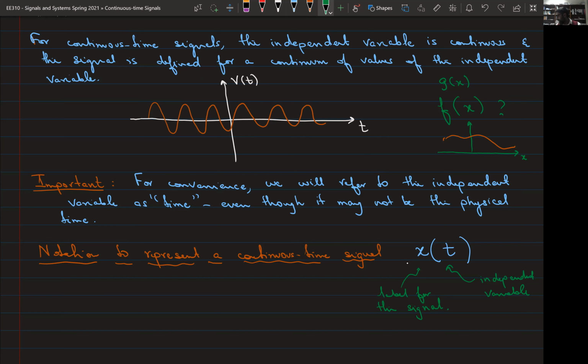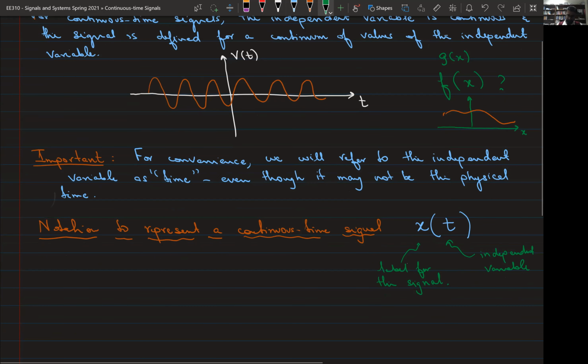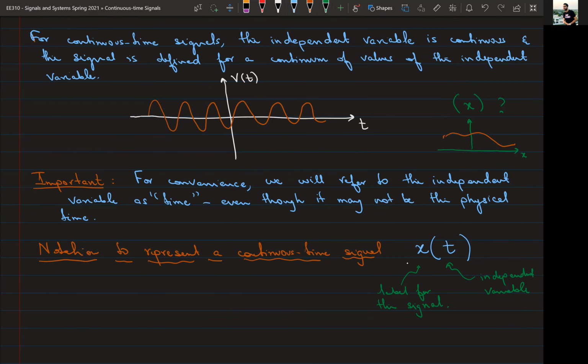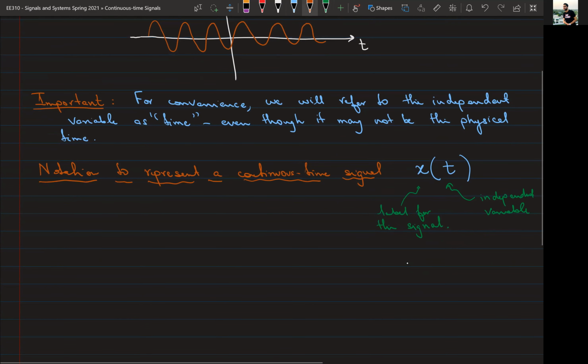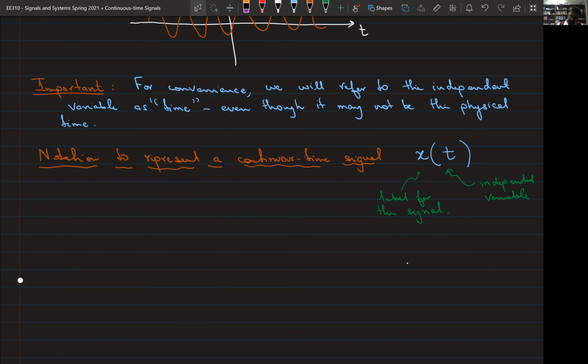All right. I just quickly want to introduce complex signals. Just like if you go back to numbers, you had real numbers, and then an extension of those real numbers were complex numbers.